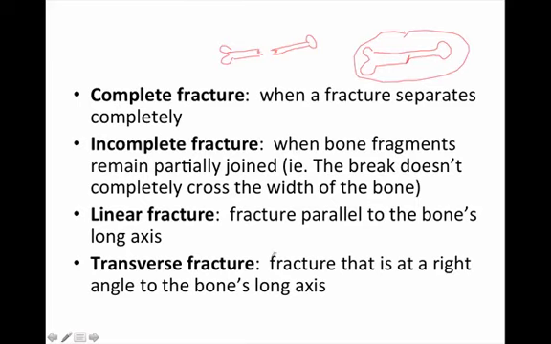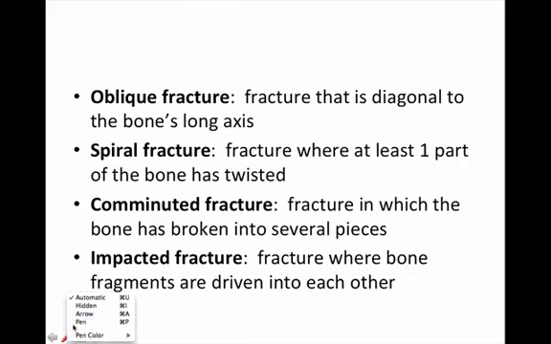Linear fractures are fractures parallel to the bone's long axis, which means a fracture in that fashion. A transverse fracture is one that goes at a right angle to the bone's long axis. So if we look at our bone this way, that would be a fracture in this direction. An oblique fracture is a fracture that is diagonal to the bone's long axis.